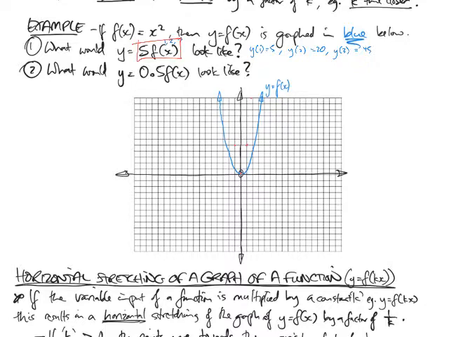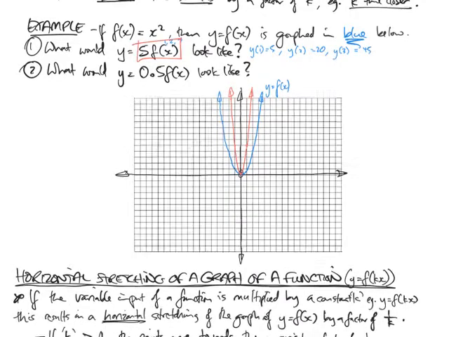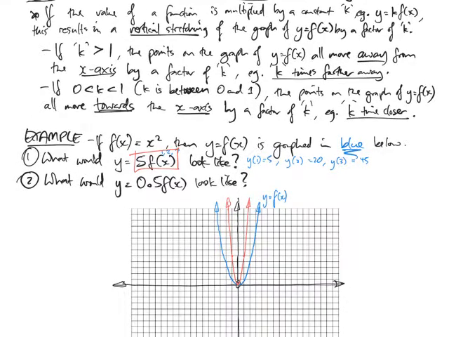So the resulting graph is going to look something like this. And does that agree with our rule above, that if k is greater than 1, the points on the graph all are going to move away from the x-axis by a factor of k?